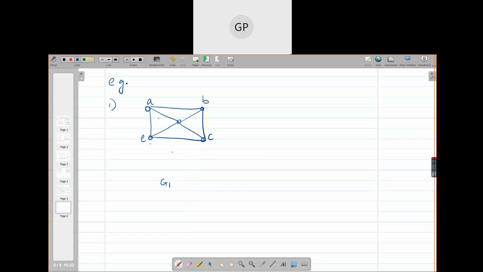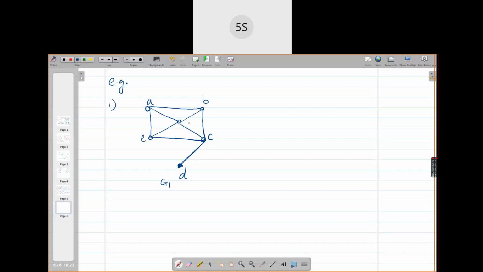So is this graph a disconnected graph now? No. Right? So which vertex, if you delete that, the graph will become disconnected? Vertices apart from D.